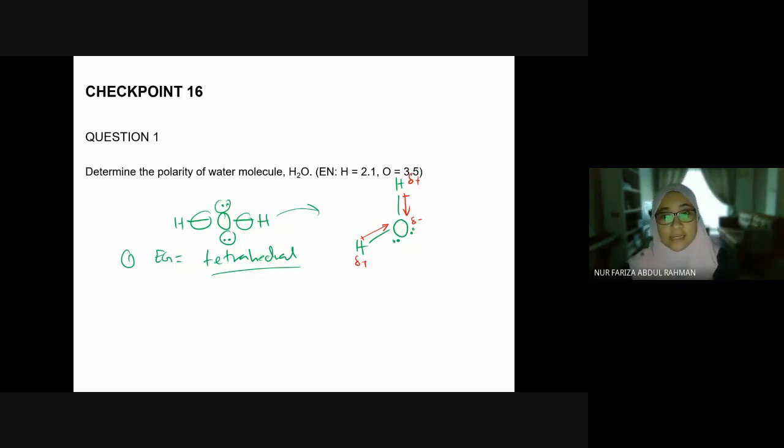So there is an angle. How do we determine whether this is a polar or non-polar molecule? When we combine these two, obviously they do not cancel out. It is not a straight line. If it were a straight line, it would cancel out. This is not a straight line, this is an angle. So when these two combine, it will go here. This is a vector.